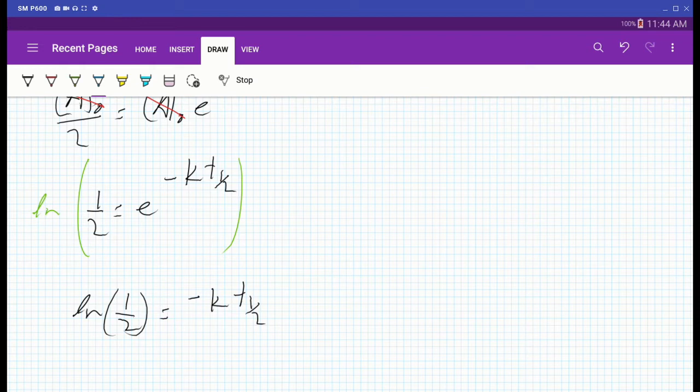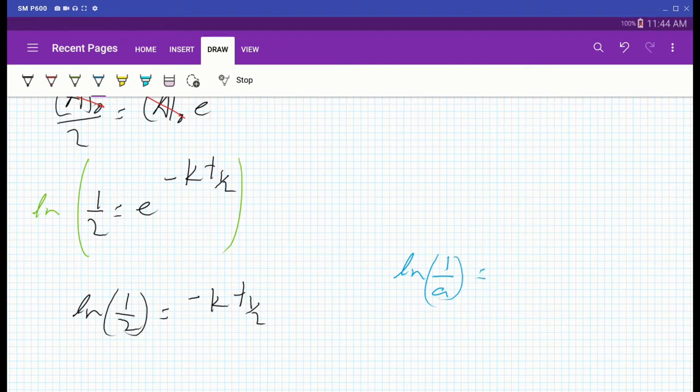Just a reminder about natural logs. How can I simplify the natural log of 1 over a? What does that simplify to? Either audio or in the chat. Anyone want to offer me that?